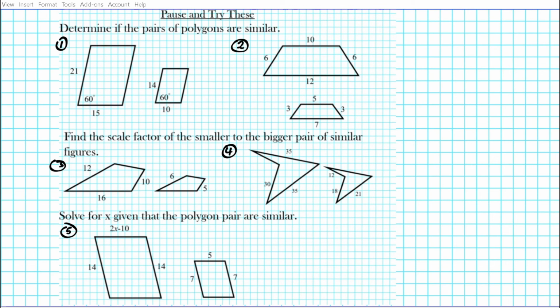Welcome back. Hopefully you had a chance to try out these practice problems. Let's take a look at what the solutions are. So question number 1, are the polygons similar? The answer is yes, they are similar. For number 2, they are not similar.